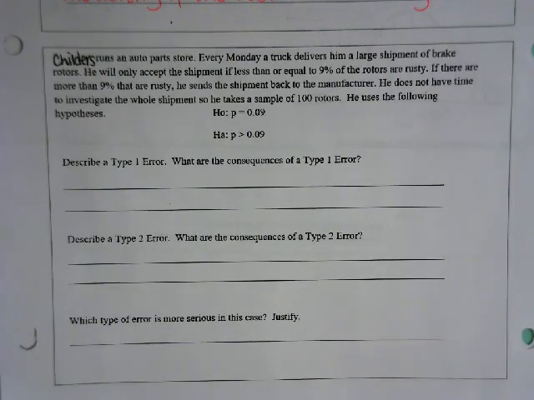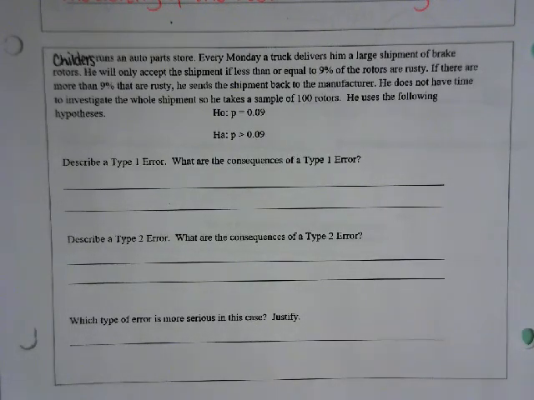He does not have time to investigate the whole shipment, so he takes a sample of 100 rotors, and he uses the following hypotheses. So the null hypothesis is that the proportion of rotors that are rusty is 9%. The alternative is that the proportion of rotors that are rusty is greater than 9%.